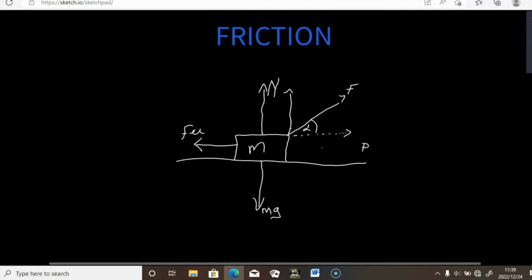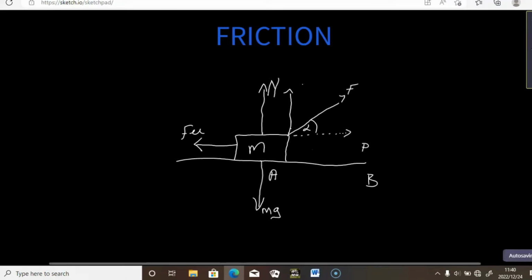The reason why we are having these two components is because this force, being applied at an angle, will have two effects on the block. The first is the pulling effect that will be responsible for taking this block from point A to point B. This has the same effect as the force that was applied like this, the one that we were dealing with before.